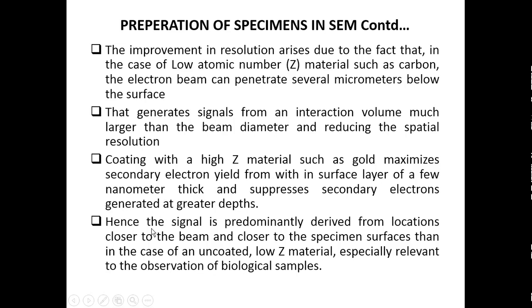Okay. Hence, the signal is predominantly derived from locations closer to the beam and closer to the specimen surfaces than in the case of an uncoated low atomic number material, especially relevant to the observation of biological samples. So if you are examining a biological sample, this is very important.